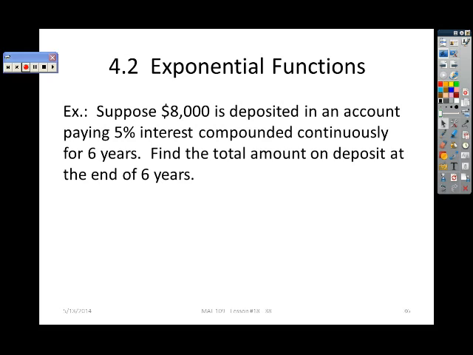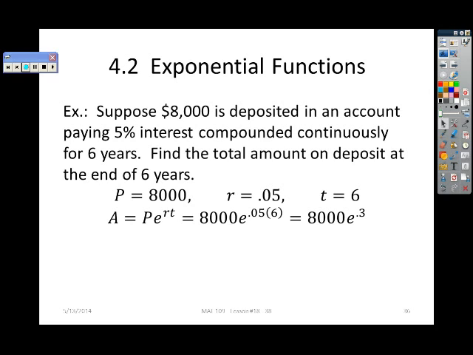So $8,000, put it in an account at 5% for 6 years. If you compound continuously, and so you have to pay attention to the wording to make sure you use the right formula, what's the amount after 6 years? Well, our P is 8,000, our R is 5%, and our T is 6 years.